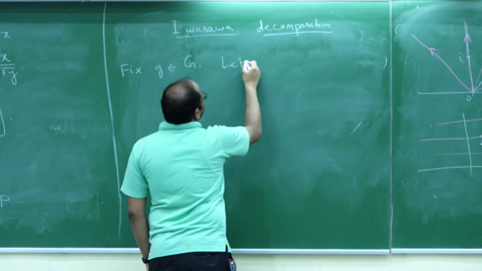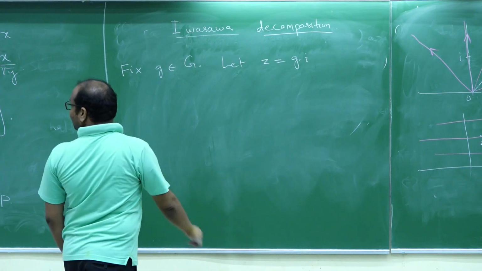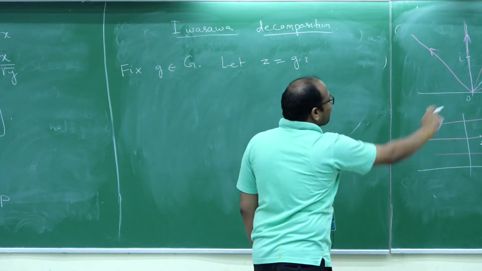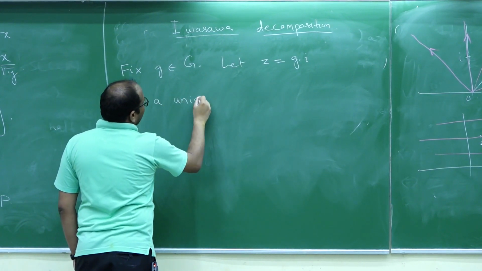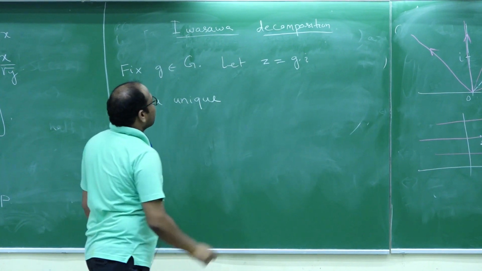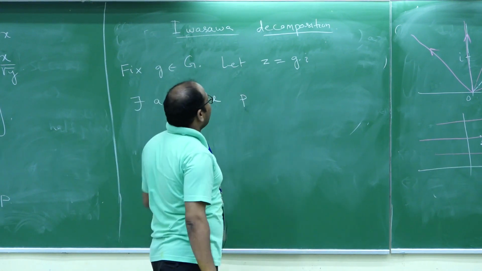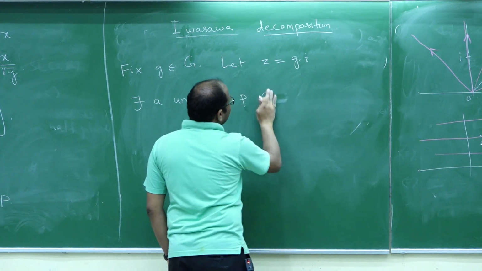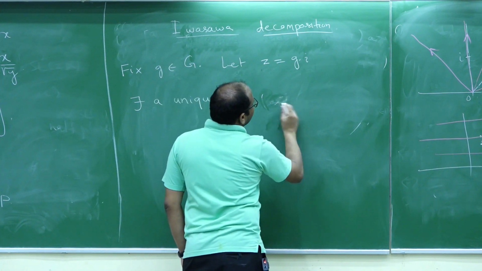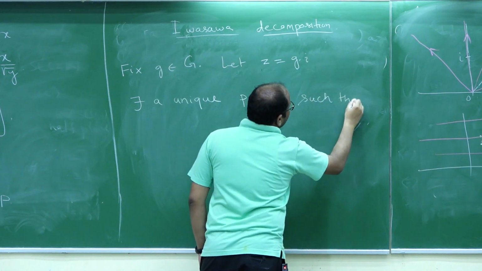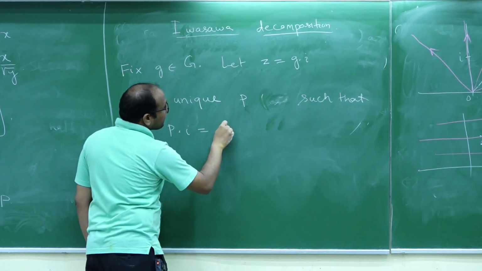Let z belong to H, z is x plus iy. Let g be in G, then g dot i is z. By this conclusion, there exists a unique p that depends upon z, and that depends continuously on z, that is unique p so that p dot i is equal to z.